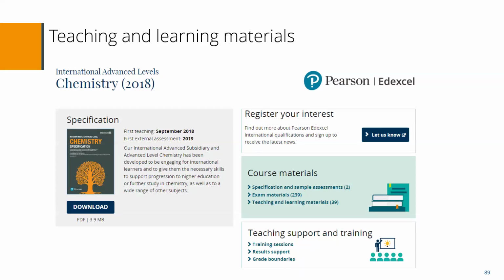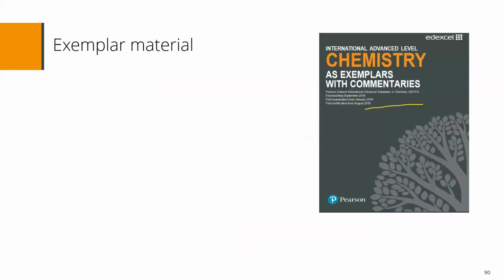Look at the course materials box. You've got specification and sample materials, exam materials. You've got teaching and learning materials. Exam materials are all the past papers and mark schemes and examiners reports. The teaching and learning materials contain quite a few of the things that I'm going to show in the slides from here on in.